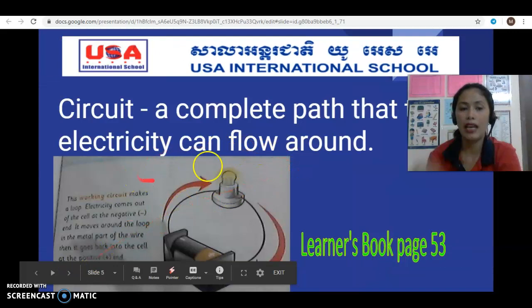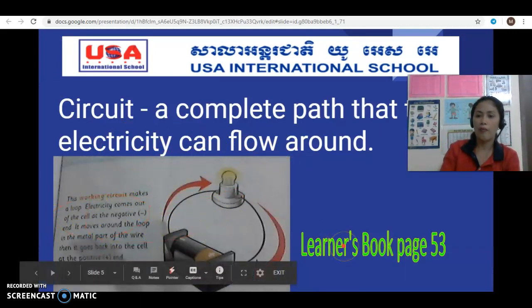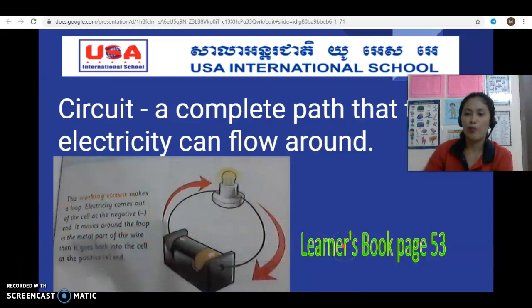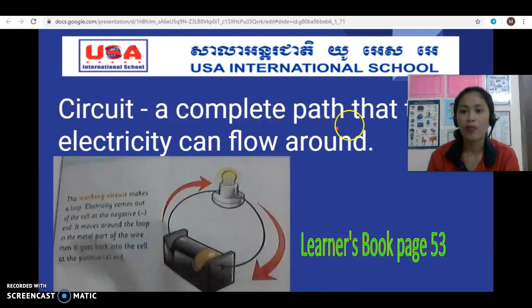So this one is a review about circuit. You can look it up in your learner's book, page 53. So what is a circuit again? A circuit is a complete path that the electricity can flow around.